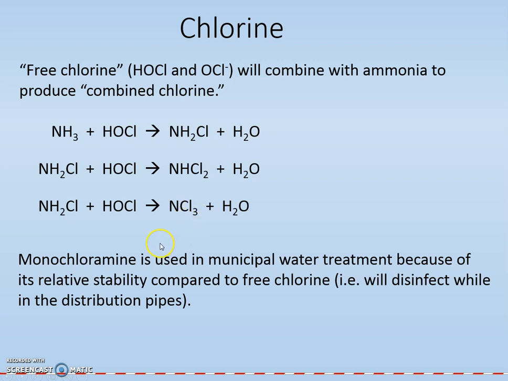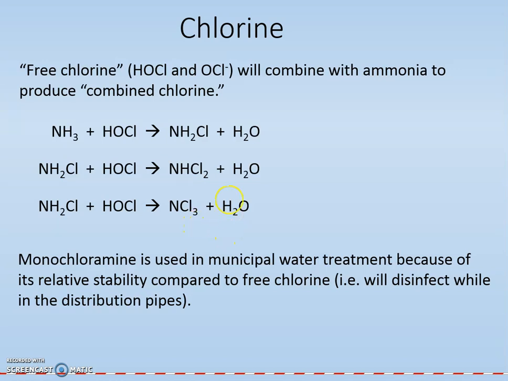This is an interesting little tidbit. Monochloramine, that's used in water treatment plants because it's stable. It's not affected too much by ultraviolet light, and it doesn't break down too quickly compared to like the free chlorines. So in other words, monochloramine will disinfect while in the distribution pipes. Does that make sense? So if municipal water has free chlorine introduced into it, by the time the water has reached your house and has sat in the pipes for an extended period of time, it's possible that there could be bacteria in there and that the free chlorine will be already broken down and not be able to oxidize the bacteria.